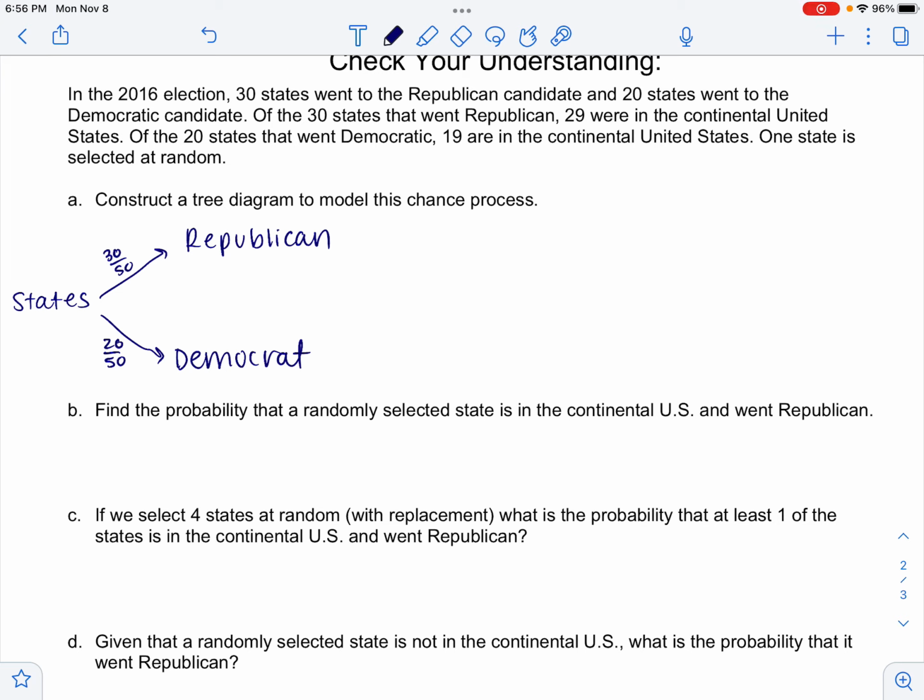Then, within each, there's two options. You have either continental U.S. or not continental. So we're going to have continental or not. And the same thing repeated for the Democrats.